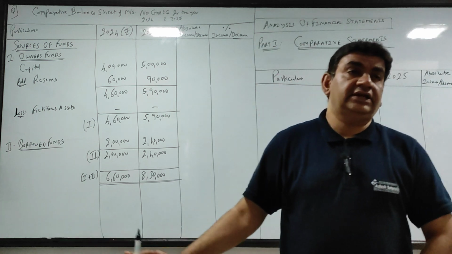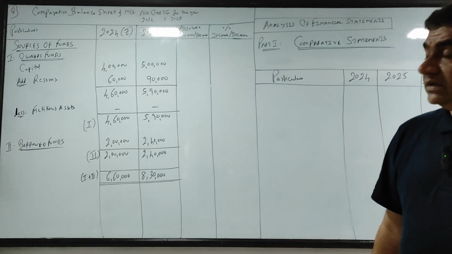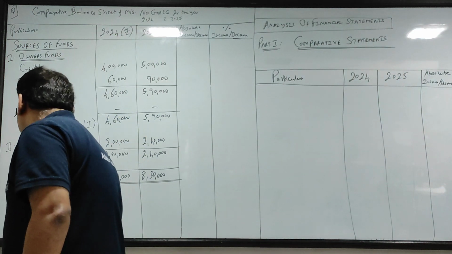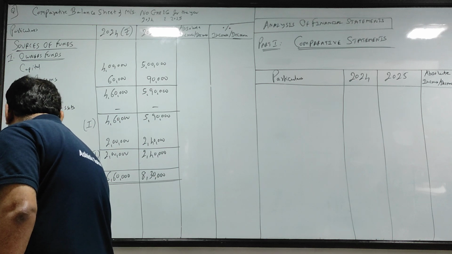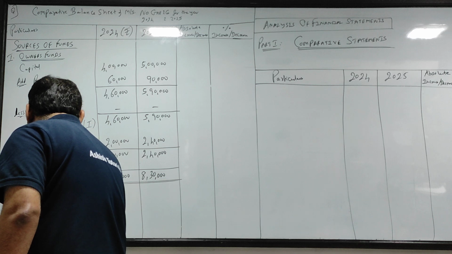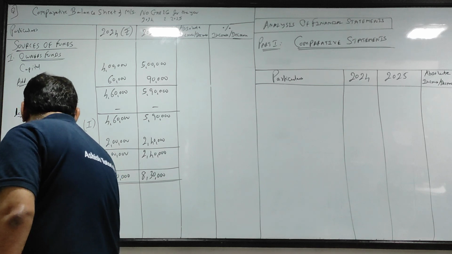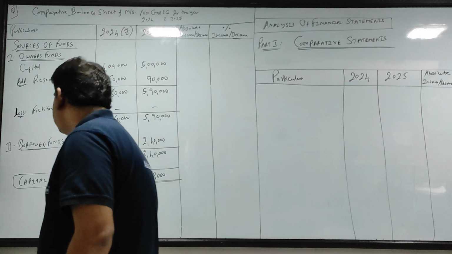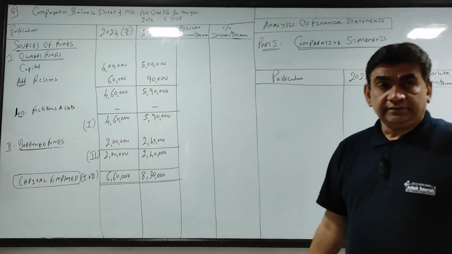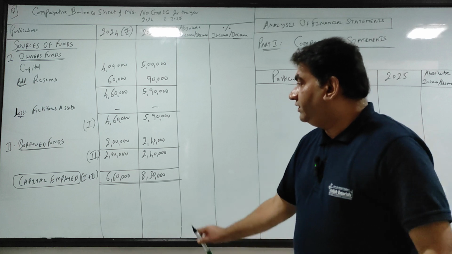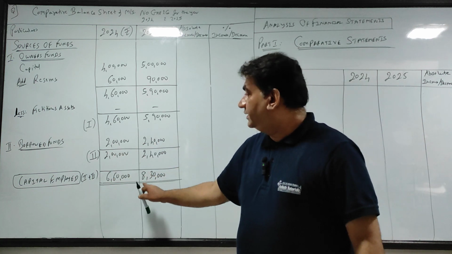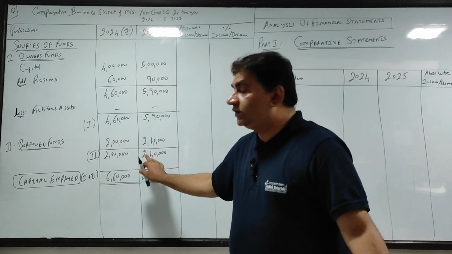And this, as I told you, you can call it as total funds available or capital employed. Better we use the word capital employed. Even if you don't take the total now, if you write directly 2, that is also fine. I have made you write the total.